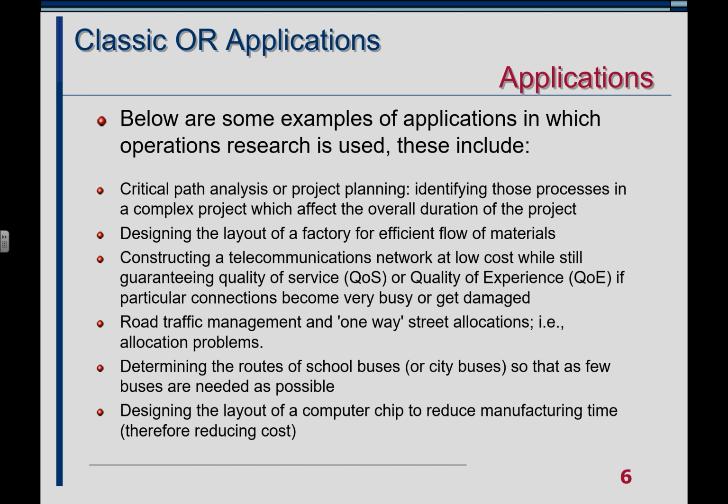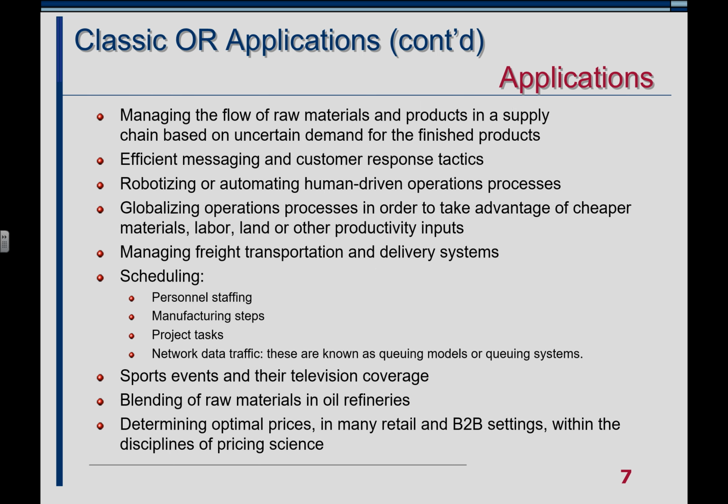Now, the absolute best solutions are many times very difficult to find, but we usually can find really good solutions, which are good enough. Other applications include managing the flow of raw materials, efficient messaging and customer response tactics, robotics or automating human-driven operations processes, and the list goes on and on and on.